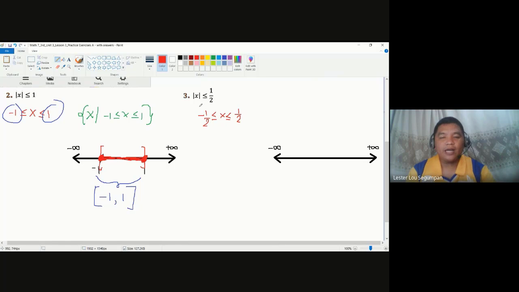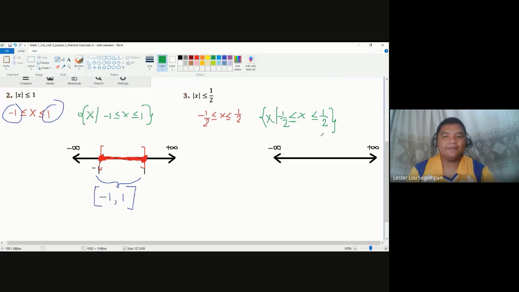And if you're going to try both of these endpoints, since there is the equality symbol, they are also acceptable. And that would mean our solution set is values of x such that x is greater than or equal to negative 1/2, but less than or equal to positive 1/2.